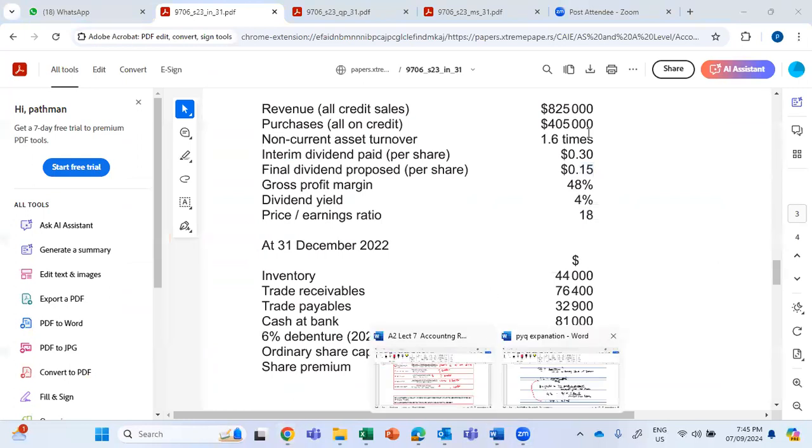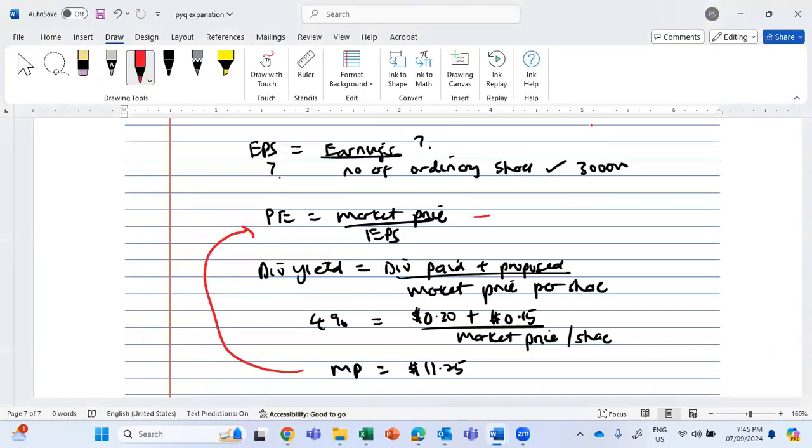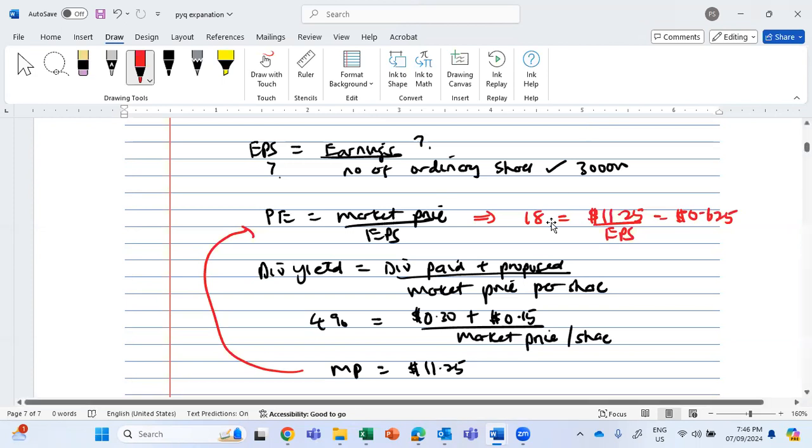So then we can find the EPS. Price earning ratio, which is 18, equals market price per share over EPS. So the earnings per share is 0.625. Okay, so this means the shareholders earn 0.625 for every unit of share.